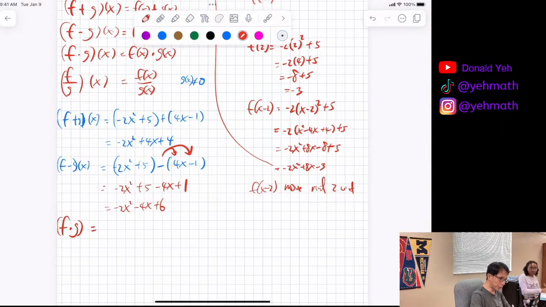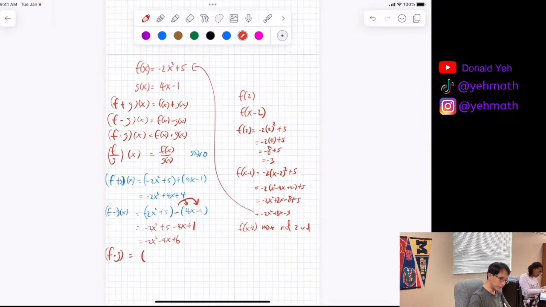So f dot g, that's gonna be -2x squared plus 5 times g of x.